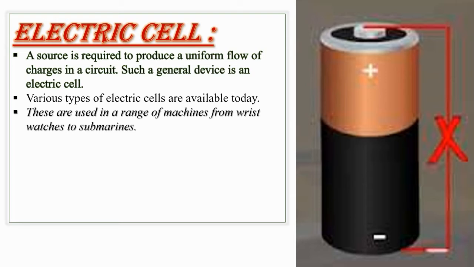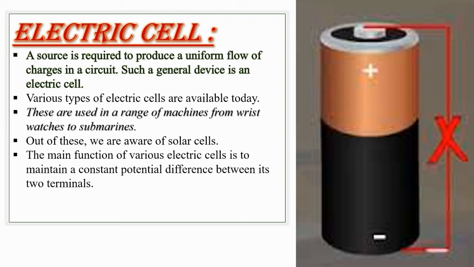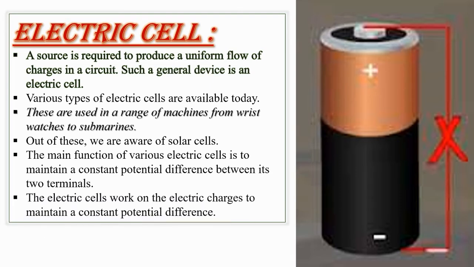These are used in a range of machines, from wristwatches to submarines. Out of this, we are aware of solar cells. The main function of various electric cells is to maintain a constant potential difference between its two terminals. The electric cells work on the electric charges to maintain a constant potential difference.